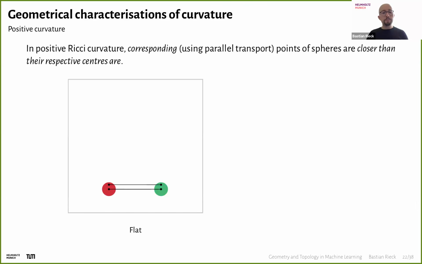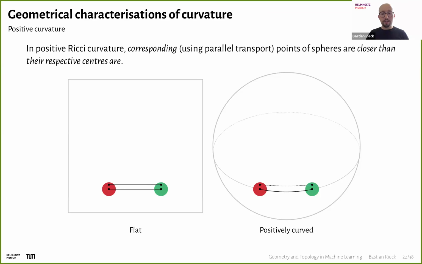So if you're in a flat space, there's nothing to do, right? You are in your flat space, you draw your spheres, and then you just pick a point. You pick a corresponding point, so something that is at the same distance from your starting point. And nothing changes.